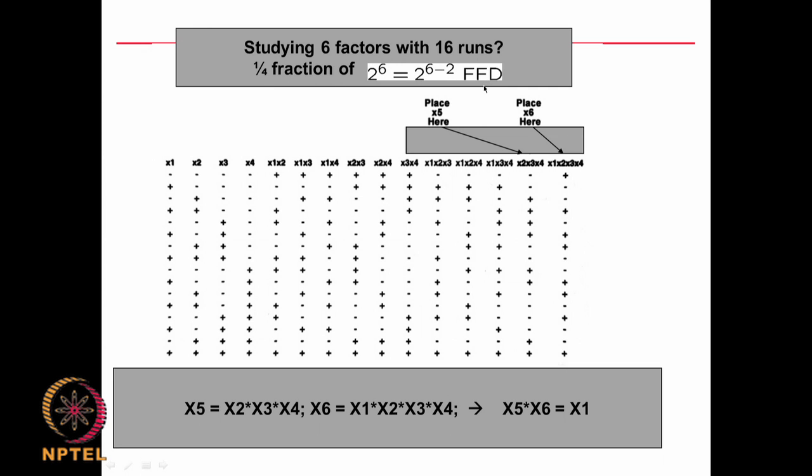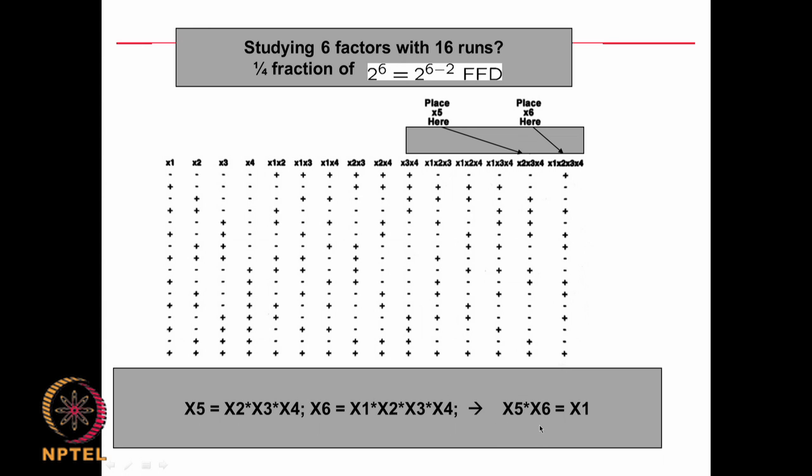Do you understand? So, do I introduce x5 here, that is x5 is equal to x2, x3, x4, and x6 is equal to x1, x2, x3, x4. Then if I multiply x5 by x6, what will happen? That will become x1. This is very dangerous. What it means is the principal effect x1 is confounded with the 2-way interaction x5 and x6.